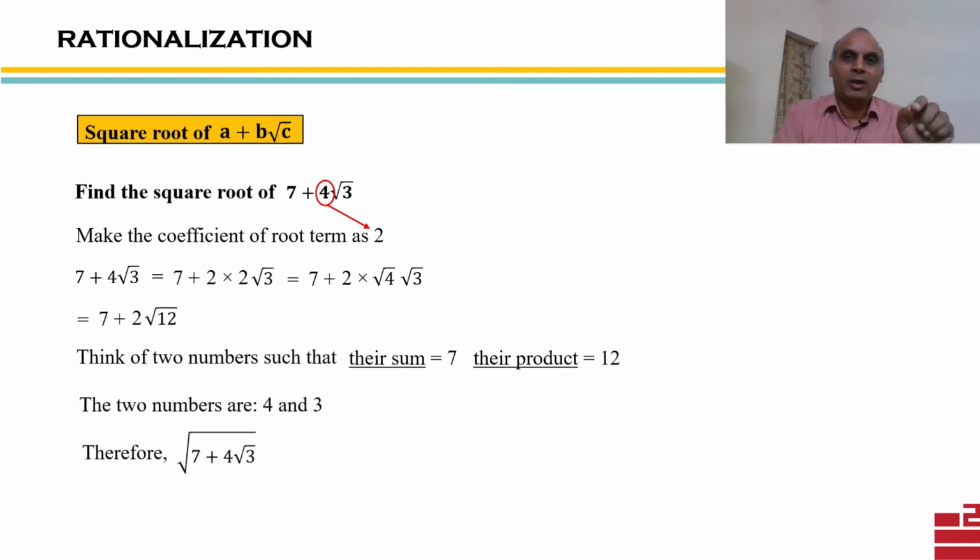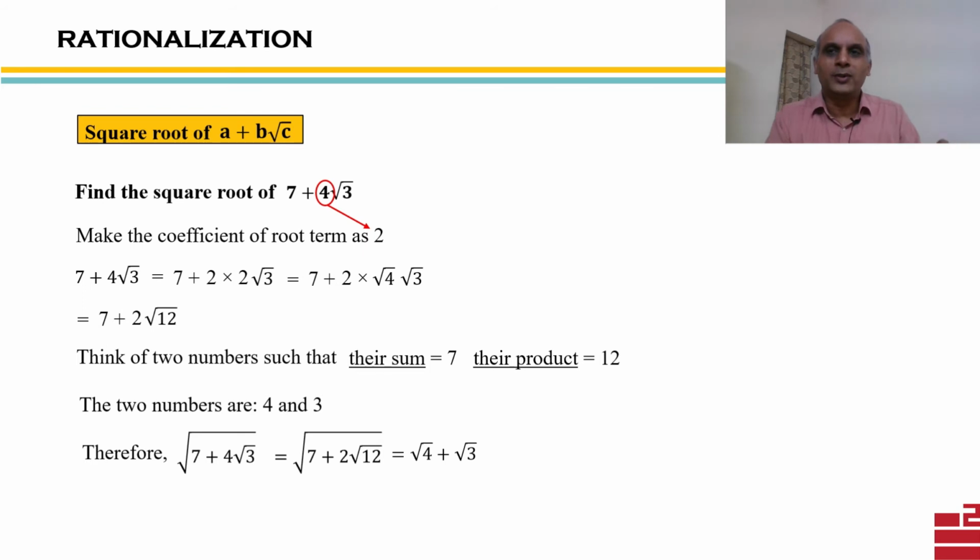We have to find the square root of this 7 plus 4 root 3, which inside term we were able to transform to 7 plus 2 roots 12. And now we are able to think of those two numbers whose sum was 7 and product was 12, which is 4 and 3. So the answer of the square root of this expression will be equal to root 4 plus root 3. You got this point?